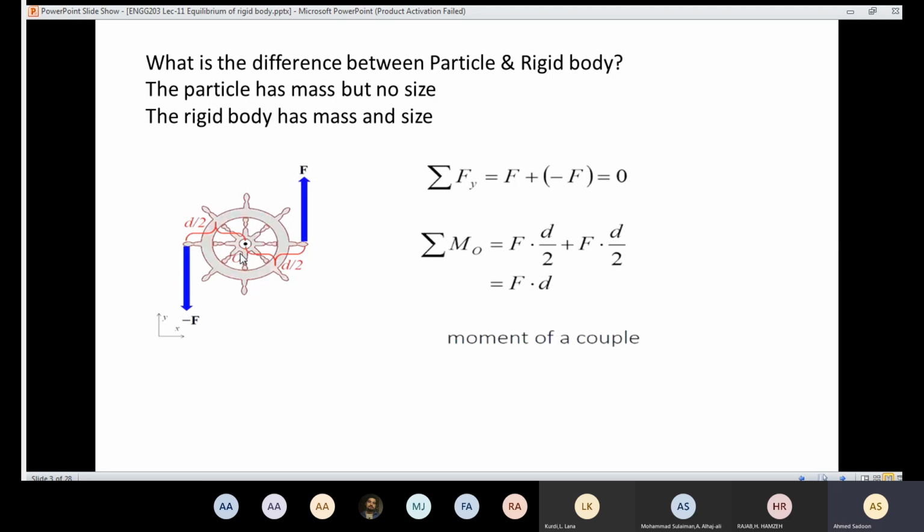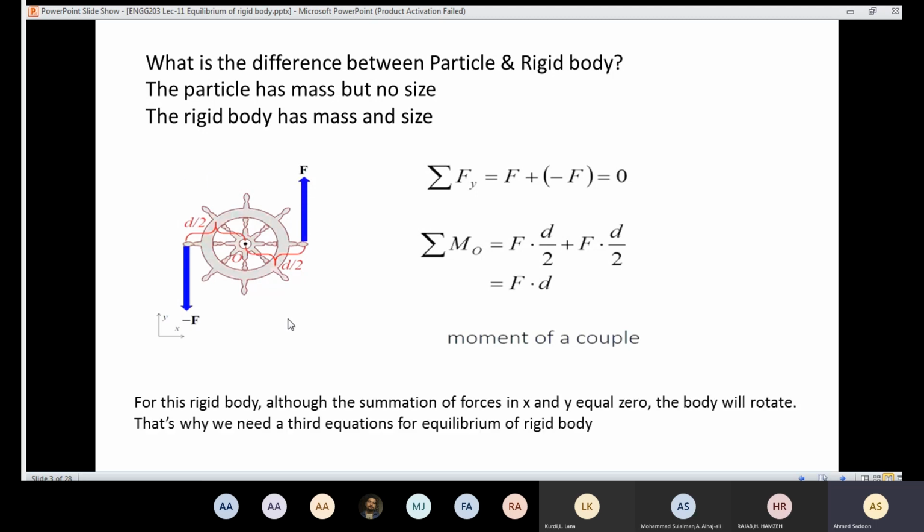So if I calculate the moment about the point O, and the resultant moment comes out to be 0, that means the steering wheel here is not going to rotate, and it means that now the rigid body is in equilibrium. So for this rigid body, even though the summation of the forces in x equals 0 and in y equals 0, the body is going to rotate. That is why we need a third equation for equilibrium of a rigid body.